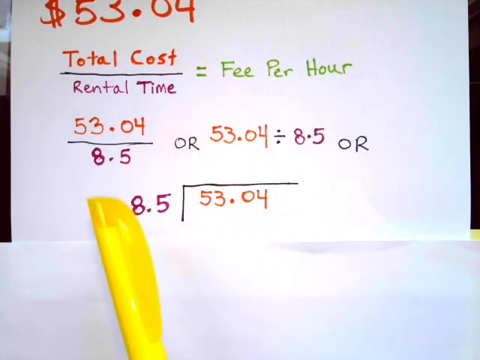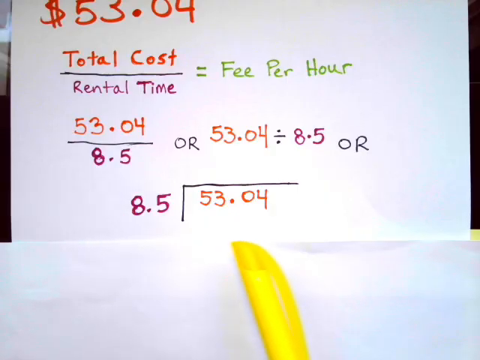But since we have to use our own scratch paper and pencil, no calculator allowed, I'm going to use this form. And I'm going to show you in the next part 3 video how to divide with decimals. That's going to be the part 3 video.